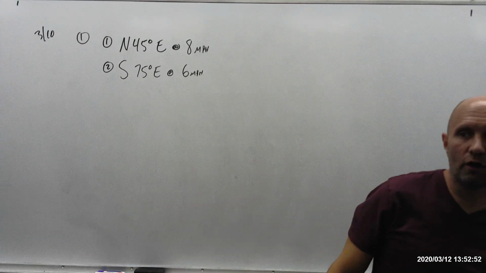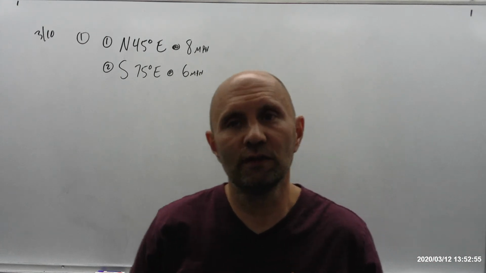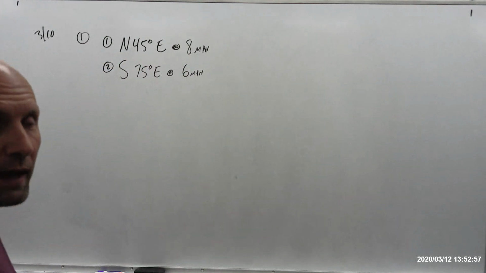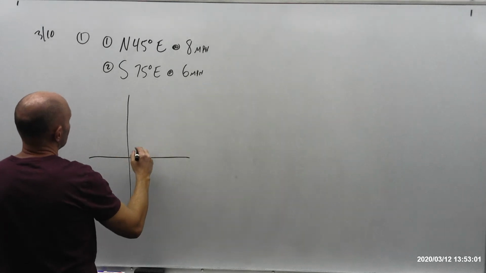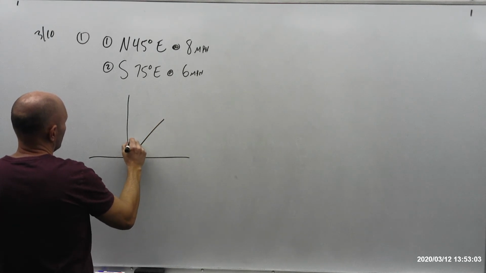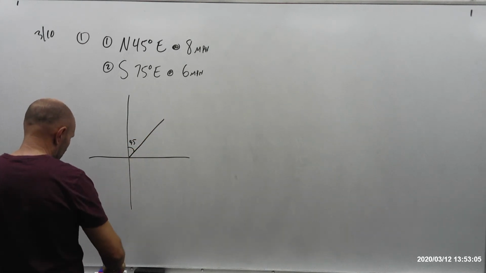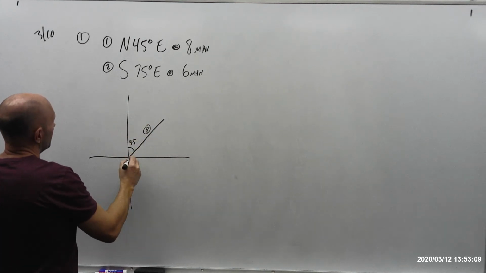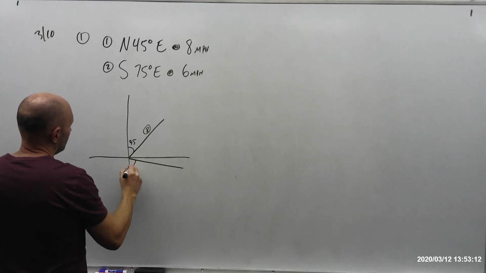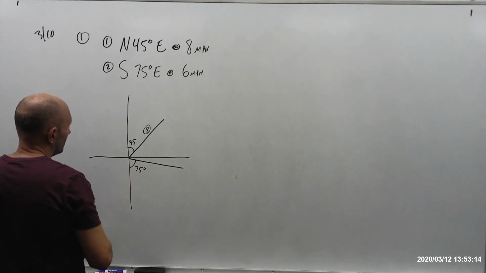So again, we've got to draw our picture. We know it's law of cosines, and the angle has to touch the y-axis. So the first picture is this way, the 45 has to touch, 8 miles per hour. The second one is south 75 degrees east.